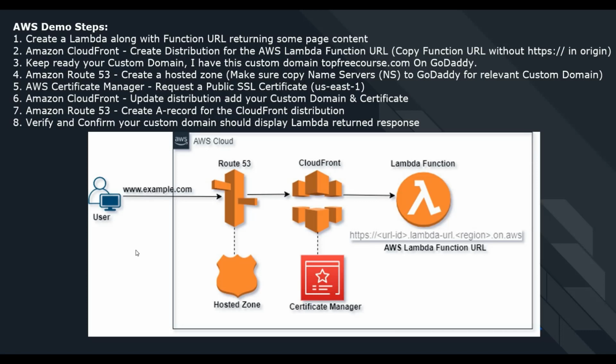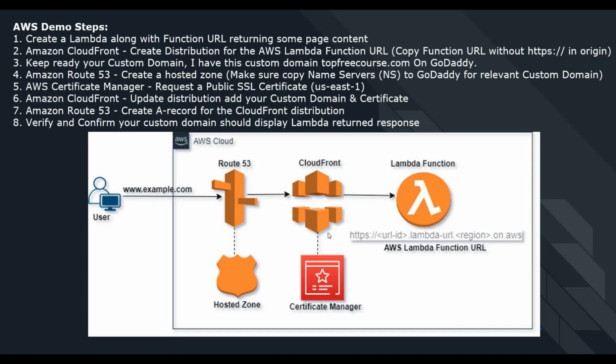I purchased topfreecourse.com from GoDaddy, so I copied whatever NS records were generated by the Route 53 hosted zone. I copied all four name servers from Route 53 to GoDaddy's website, in the name server section as custom name servers. Okay, so it will map my custom domain with Route 53 in the hosted zone.